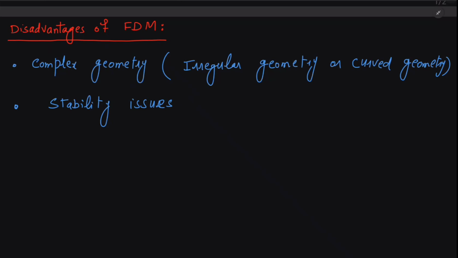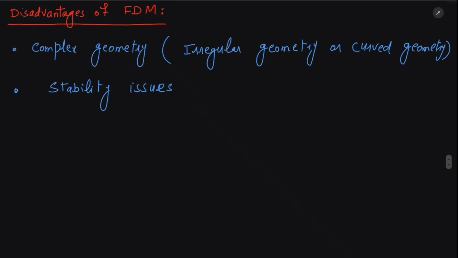Different parameters appear when we discretize the partial differential equation or ordinary differential equation, those parameters decide the solution, and those solutions can be unstable or stable. It depends on the parameter.